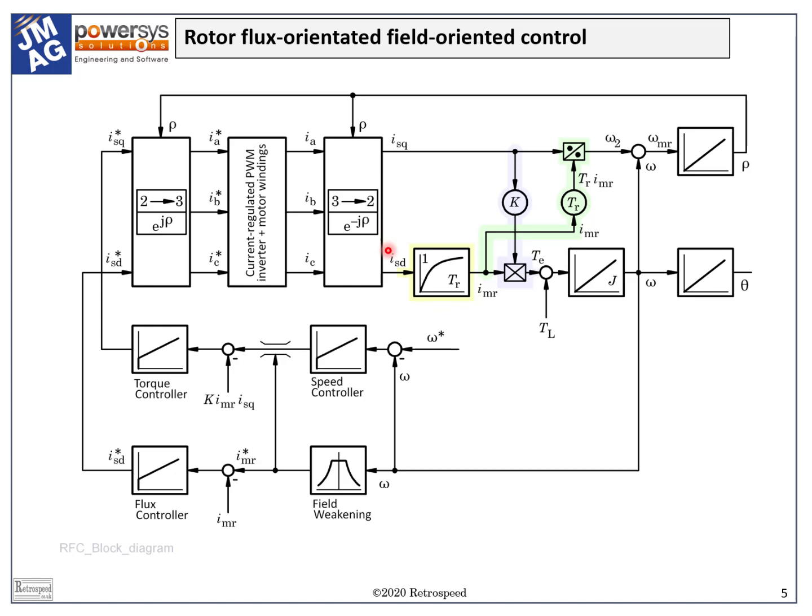This is known as a three-phase to two-axis transformation, and it's similar in concept to Park's transformation, which we will see later. In field-oriented control theory, ISD and ISQ are the real and imaginary components of a complex number which is called a space vector, and in the steady state they are constant. Let's leave this diagram for a short time to take a closer look at the definition of the space vector. We'll come back.